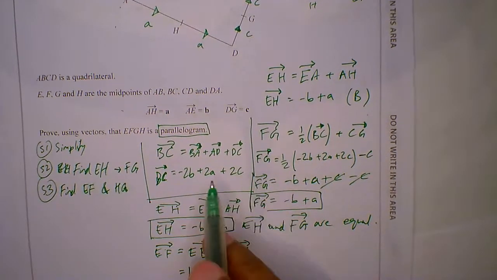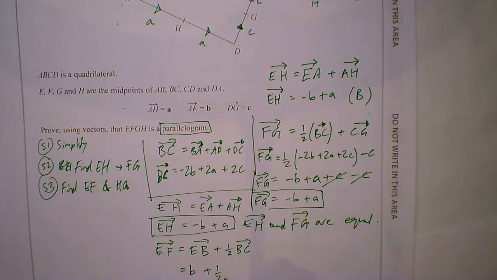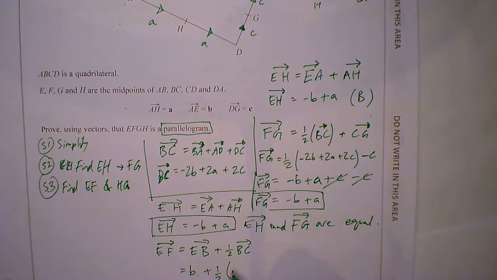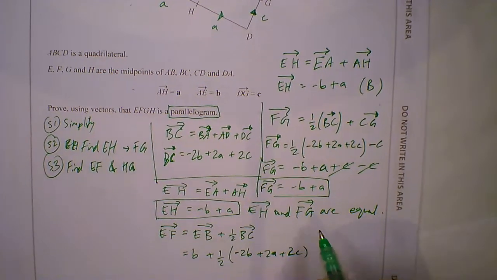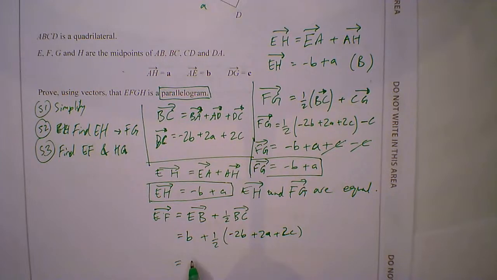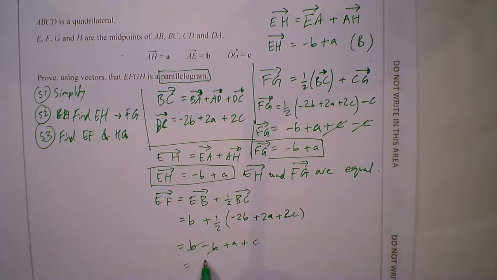We did that earlier, but let's just put everything in there. Half BC is minus 2B plus 2A plus 2C. Half of 2B, so this is minus B. Half of 2A is just A, plus A. Half of 2C is just C. So the B's cancel. That gives us A plus C. EF equals that.